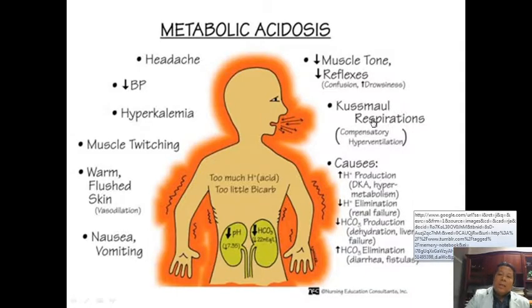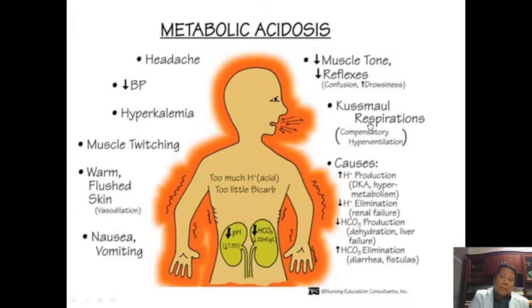The reason for that is because the breath of a patient with metabolic acidosis would contain a lot of acetone, because of too much hydrogen ions, and so the patient will have that acetone breath that causes the fruity odor.